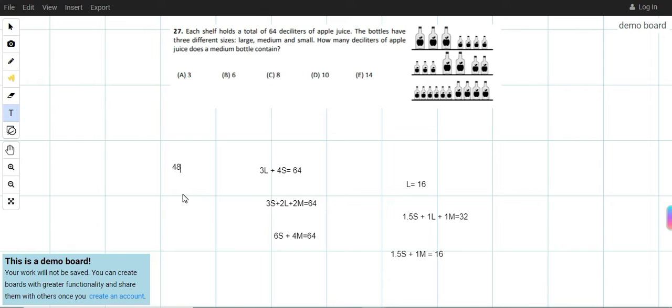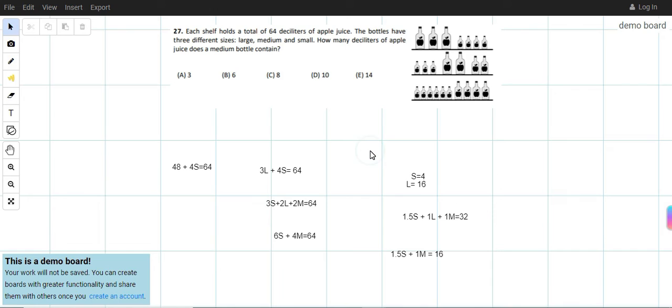So let's write that out. 48 plus 4S equals 64. Since 64 minus 48 is 16, easy maths, 4S is equal to 16, so S is going to be equal to 4. And we're quickly seeing that we can solve this problem very easily.